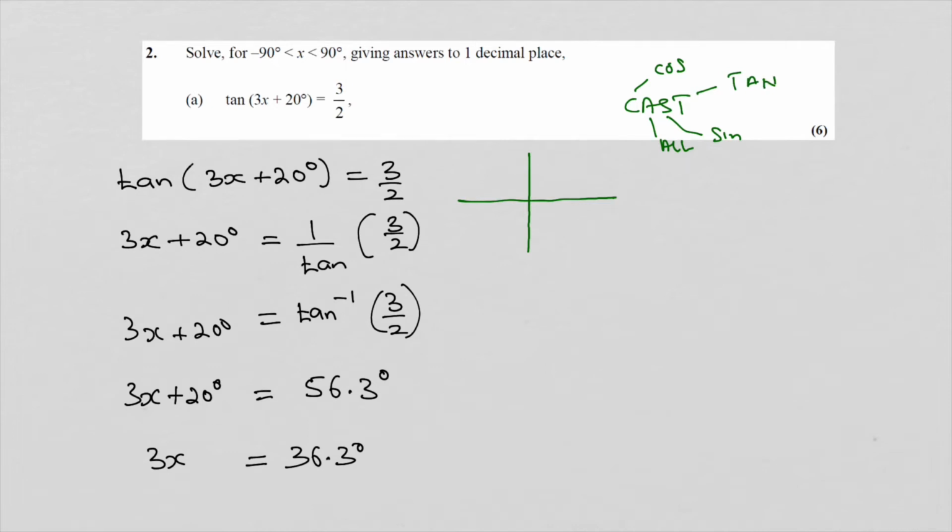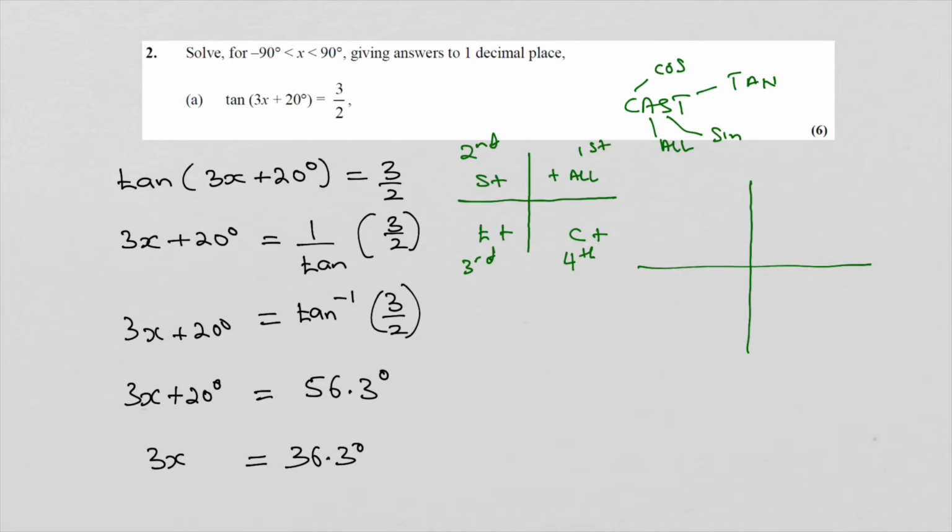Now, all is positive here. Sine is positive, tan is positive, and cos is positive. So whenever we're doing a CAST diagram, you can know that's the first quadrant, this is the fourth, that's the third, and that's the second quadrant.